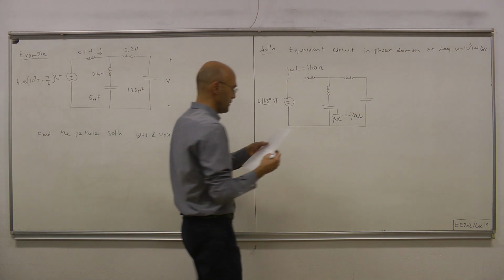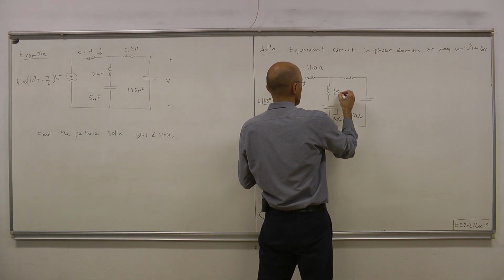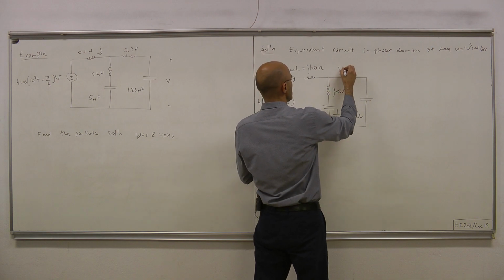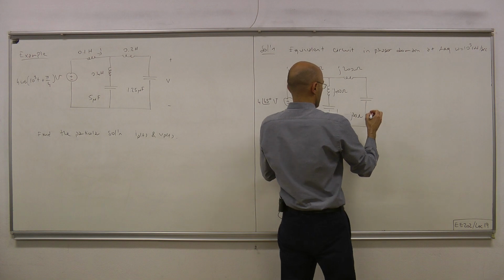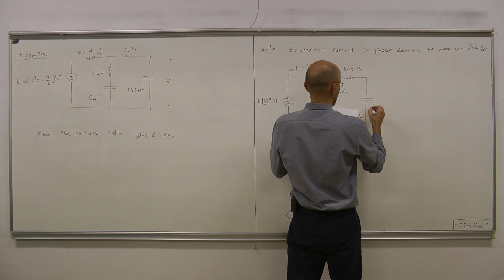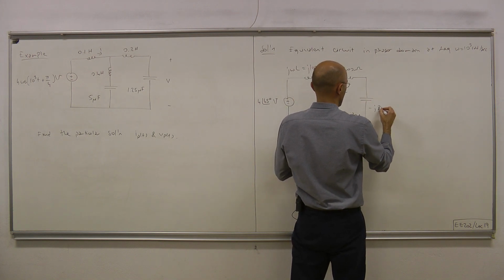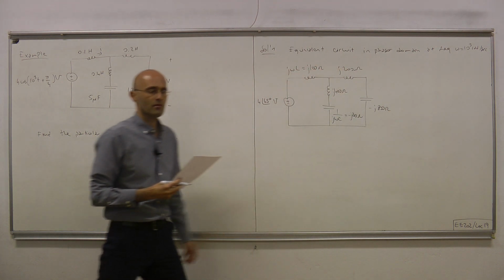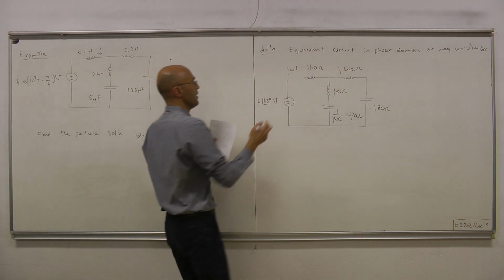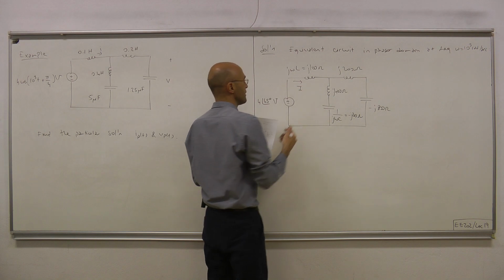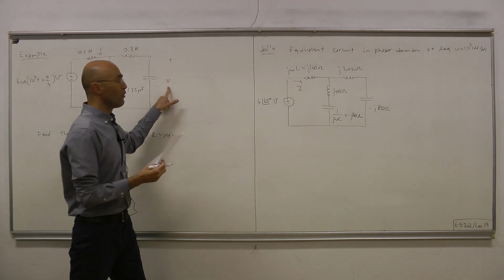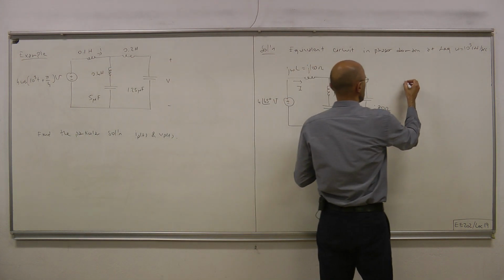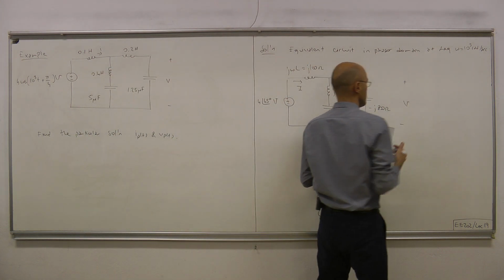And the remaining impedances can easily be computed to equal J 200 ohms, and this is minus J 800 ohms. And these are the phasors that we are after. This current I, and also the voltage of the capacitor, this voltage V.